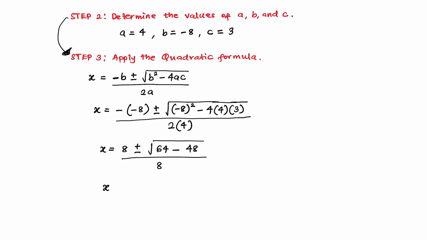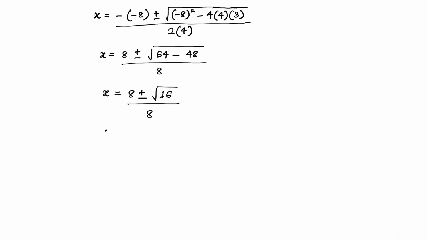X equals 8 plus or minus 64 minus 48 is 16. So we have square root of 16 divided by 8. So x equals 8 plus or minus square root of 16 is 4 divided by 8.